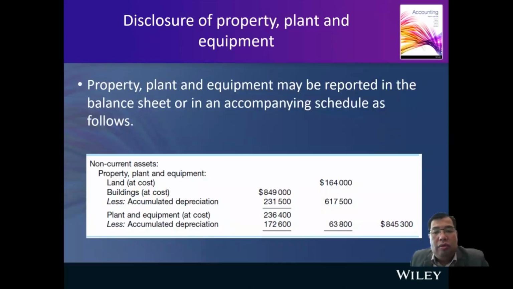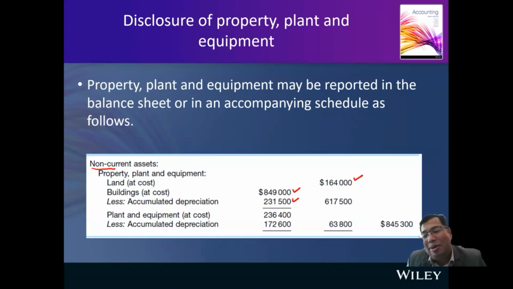So for example, we have non-current assets. We have property, land; we only have the cost, we don't have depreciation for land. For building, this is the cost of the building, this is the accumulated depreciation. Some say buildings will not have depreciation.